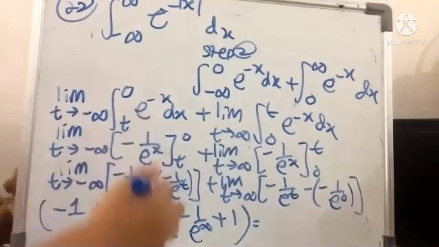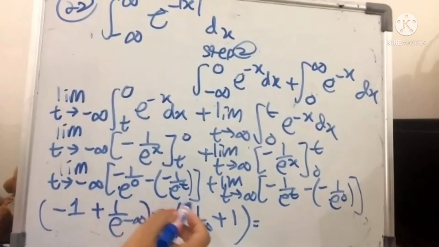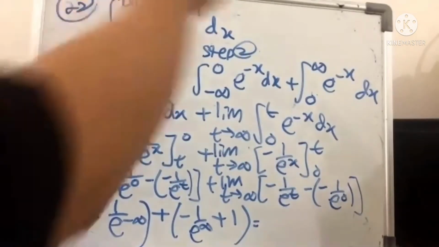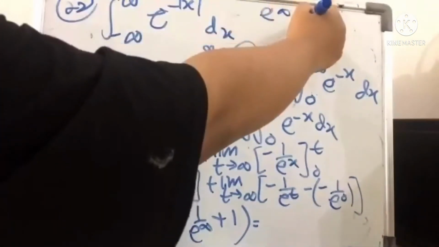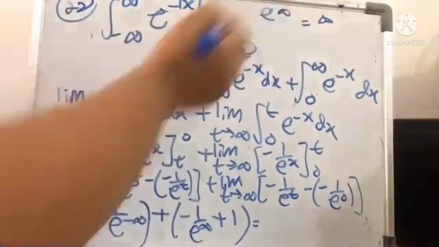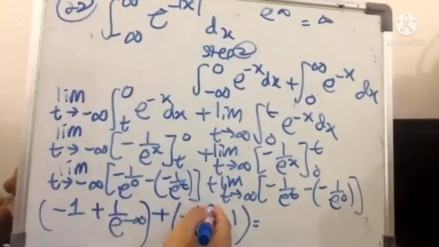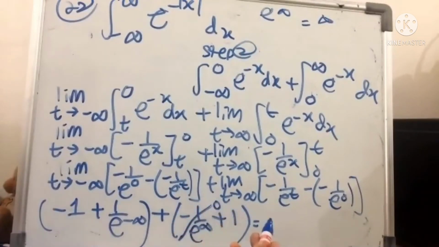Okay, what is the difference between these two? The first one is e to the power of infinity. e to the power of infinity is infinity. So in this case, this one is 1 over infinity. 1 over infinity is 0. So here is 0.